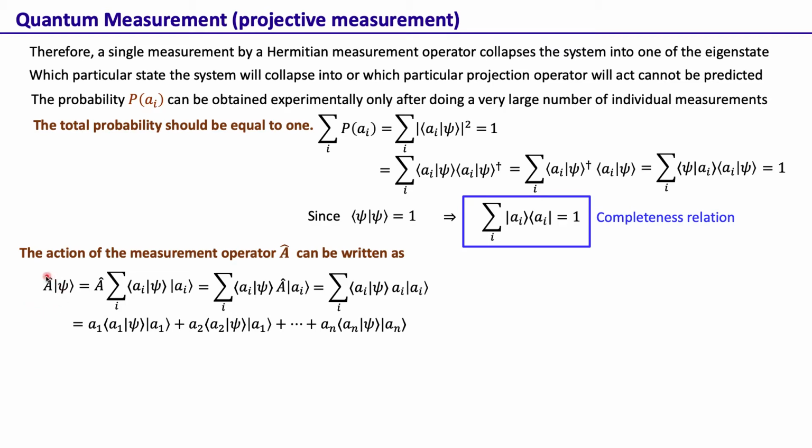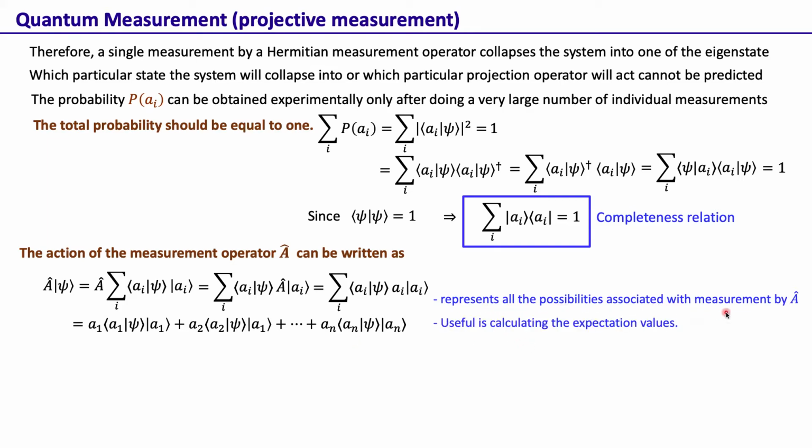But when we associate the meaning of measurement with this operator A, of course A acting on psi gives just one of the eigenkets, but symbolically we can write it like this. This is just a superposition state, and it represents all the possibilities associated with measurement by A. This kind of expression is definitely useful in calculating expectation values, because in calculating expectation values we take an ensemble average over all possible outcomes that there can be.